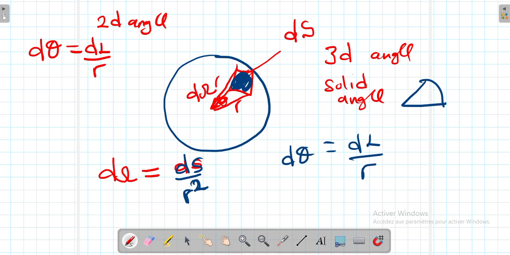Given a sphere, the solid angle will subtend a surface on the sphere. The relationship between that surface and the solid angle, with the notation omega, is that surface over r squared, where r is the distance from the center to that surface.